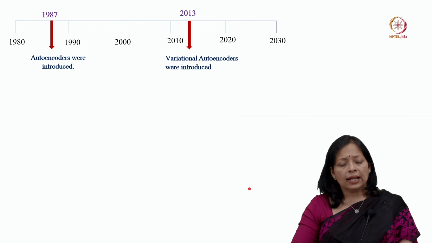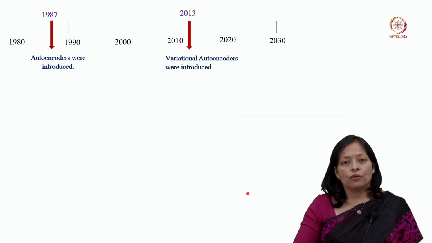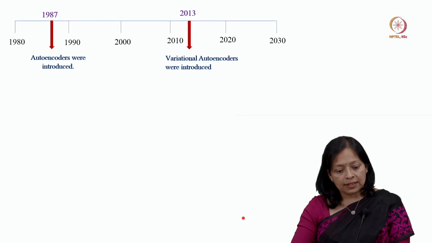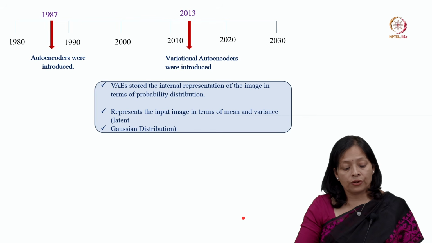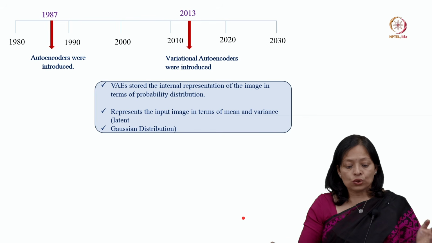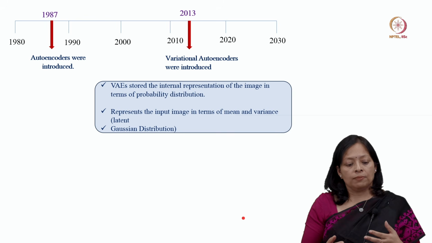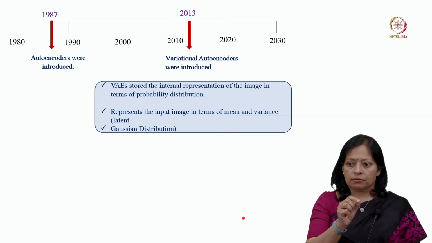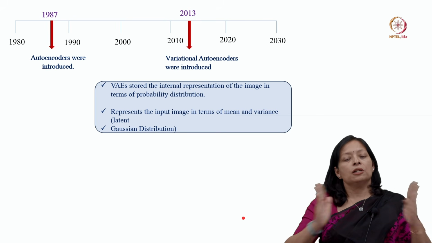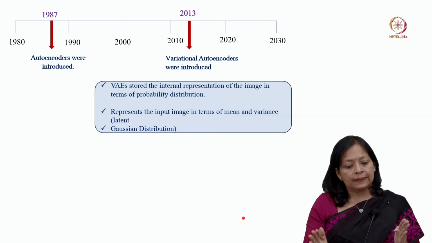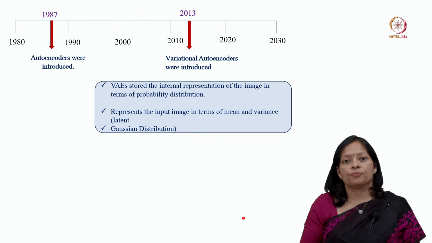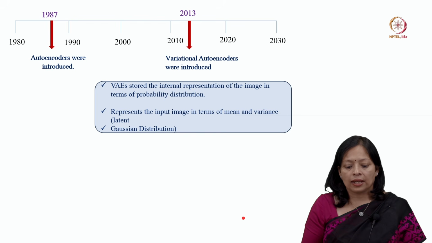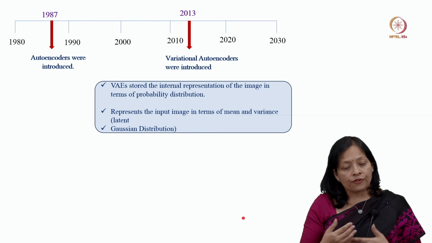Then in 2013, variational autoencoders came into the picture. What is the speciality of variational autoencoders? They stored the internal representation of an image in terms of a probability distribution. So, instead of one point, there was a probability distribution associated with the internal representation of an image.